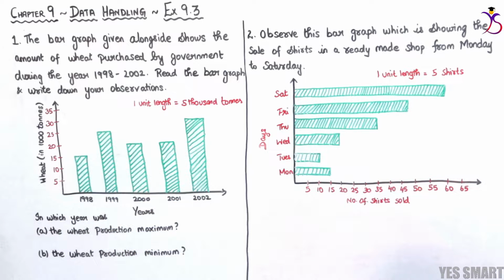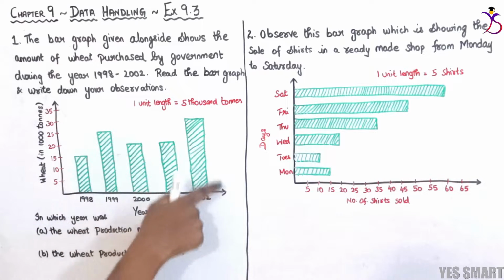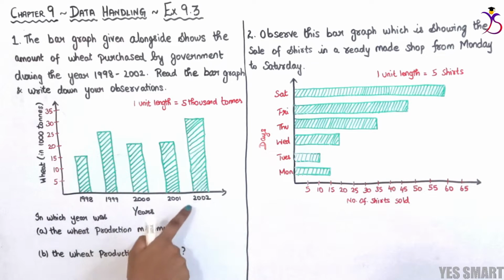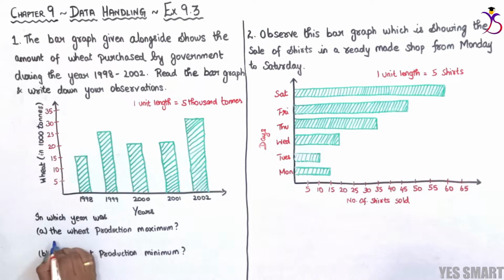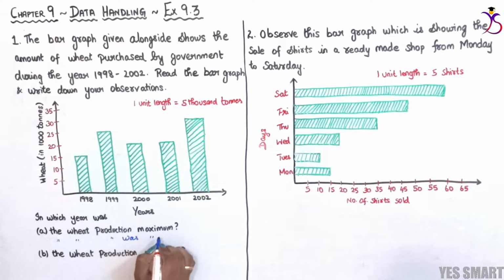When you check the value, 30,000 tons were produced in the year 2002. On observing the graph itself, we can clearly say that in 2002 the green bar is taller than the other years. Therefore, the wheat production was maximum in the year 2002.